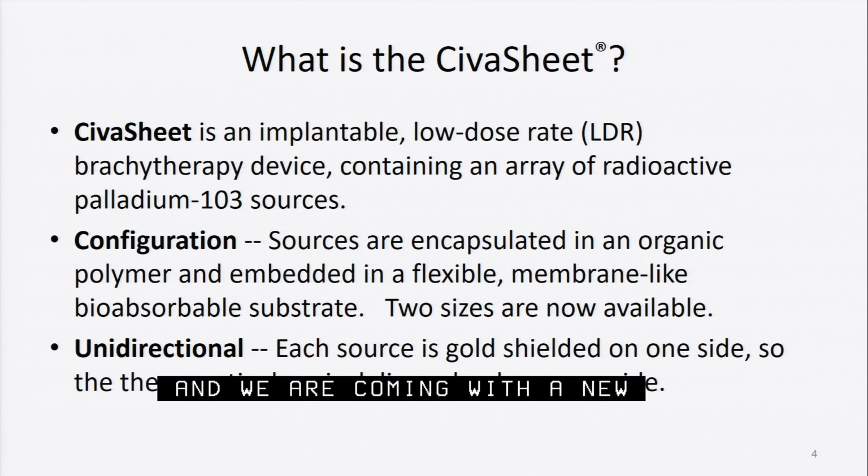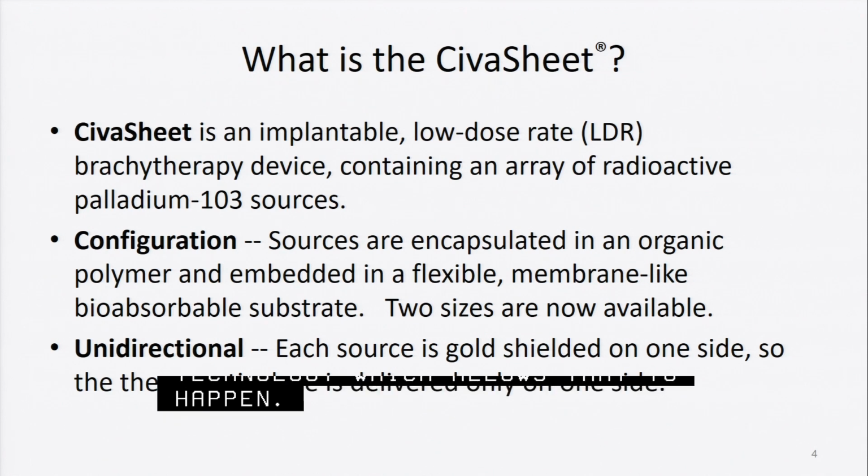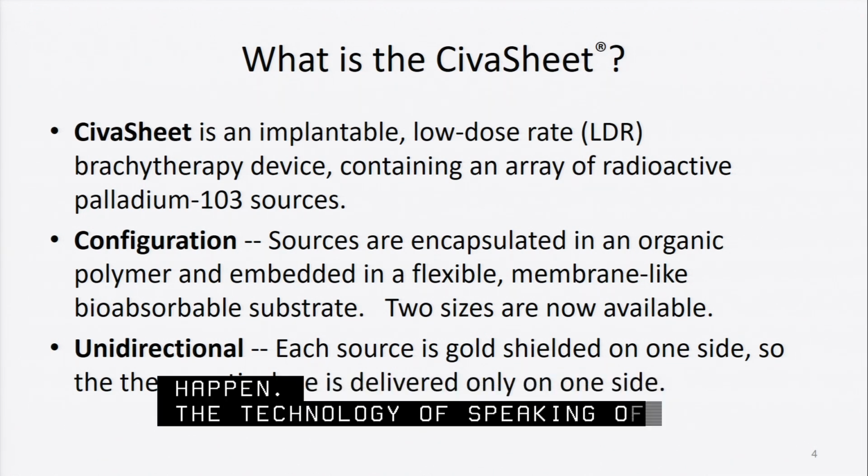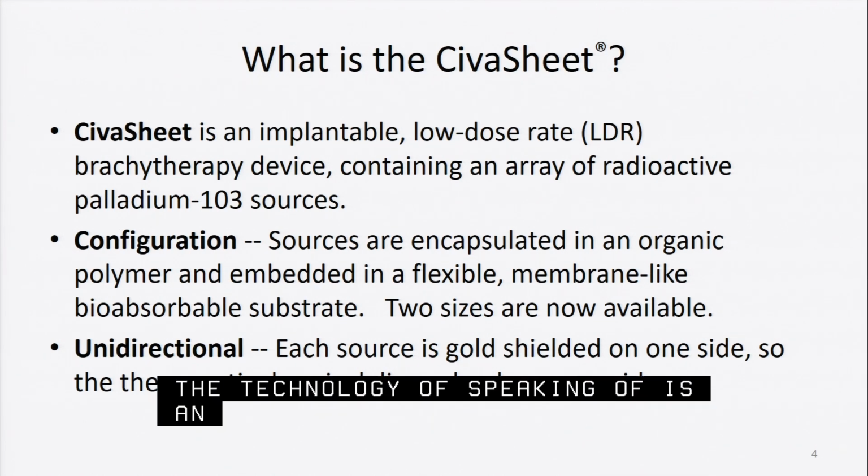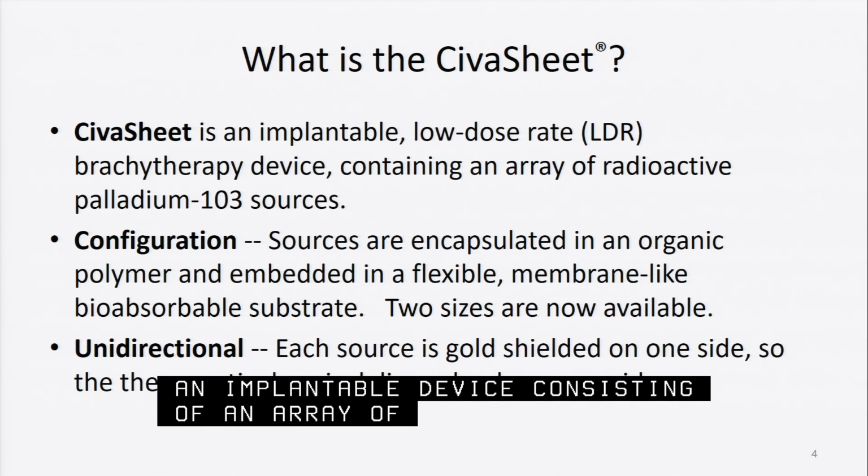The CivaSheet is the technology I was speaking of. It is an implantable low-dose rate brachytherapy device that consists of an array of seeds that I will show you in a photograph in a moment. The isotope involved is palladium-103.